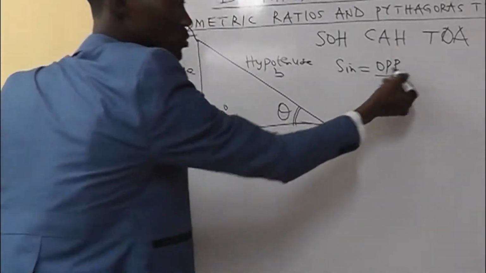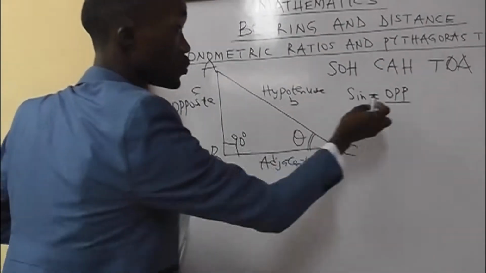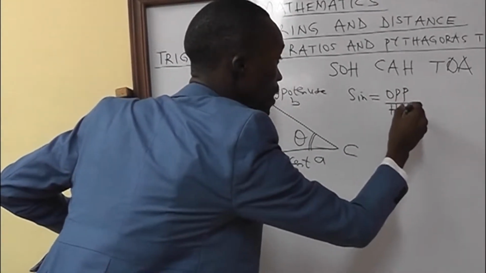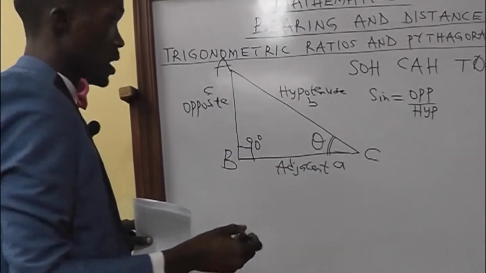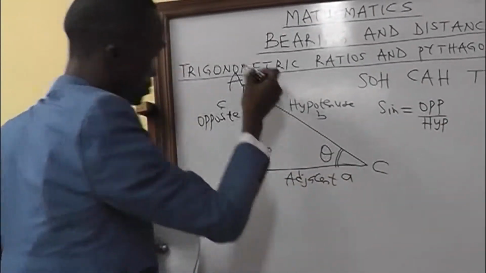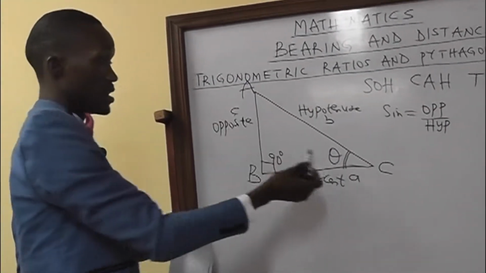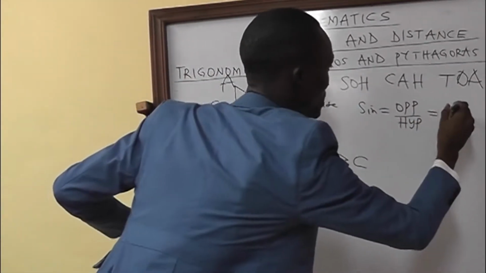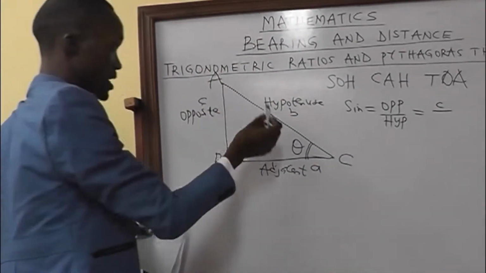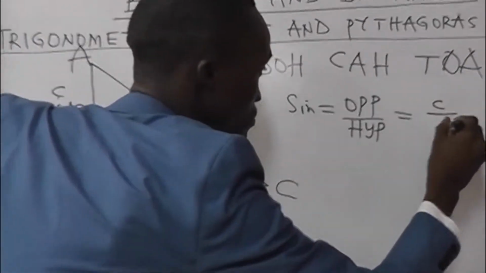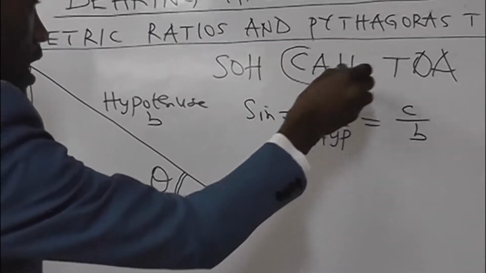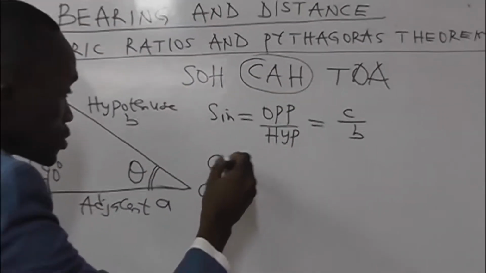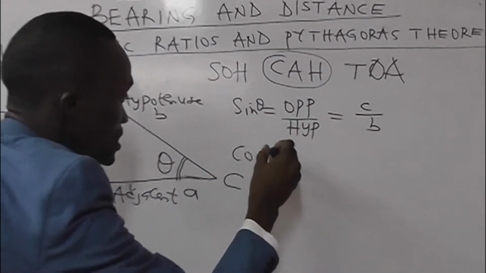I will use the short form instead of writing opposite in full. Now, if we compare this and relate it to the triangle we have here, the opposite side, that one is C, and the hypotenuse side, that one is B. From this one that we have here, so that is cos theta.